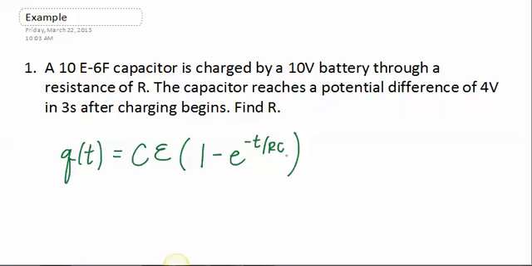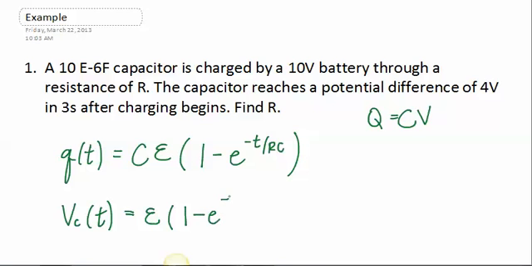Right? Okay. So how can we get voltage from that? Doesn't Q equal CV? So could we write this as the voltage of the capacitor as a function of time is equal to the EMF of the battery, 1 minus e to the negative t over RC?